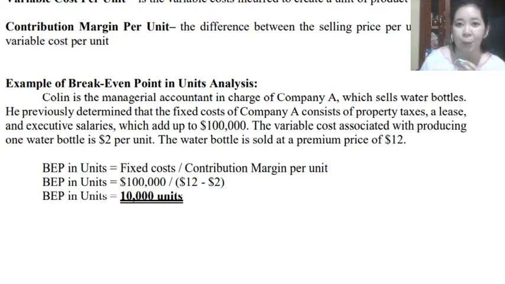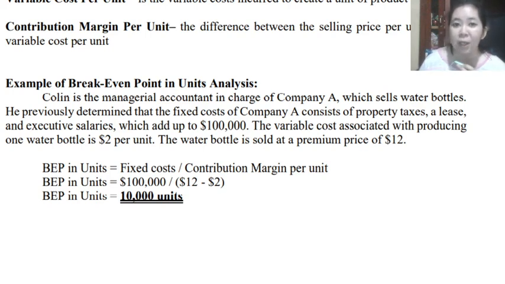So to compute your break-even point in units, following our formula, fixed cost divided by contribution margin per unit. Your fixed cost based on the problem is 100,000. We will divide it by the contribution margin. Your contribution margin per unit can be determined by deducting from the sales price of 12 our variable cost per unit of 2 pesos.